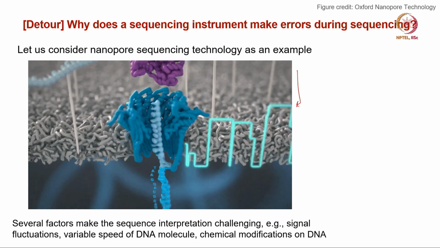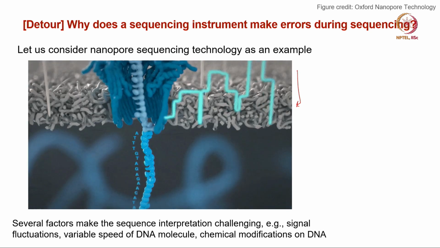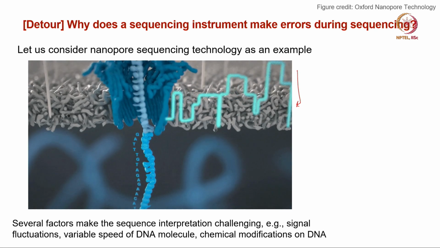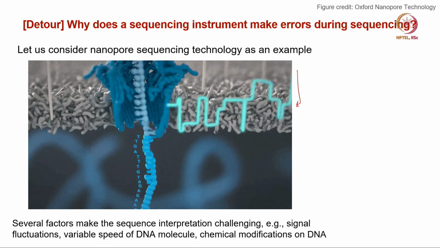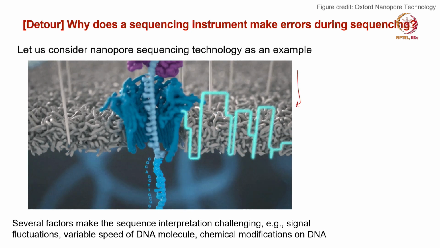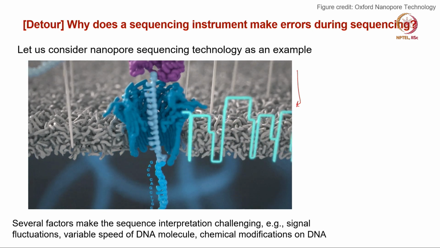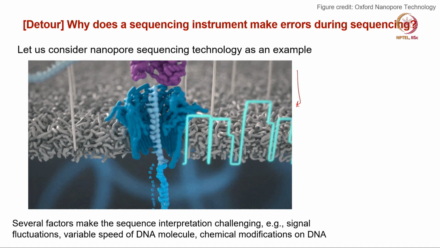These current signals are shown in light blue color in this animation. These current signals are saved by the instrument on the computer processor, and through these electric signals we have to infer what the DNA sequence would have been.